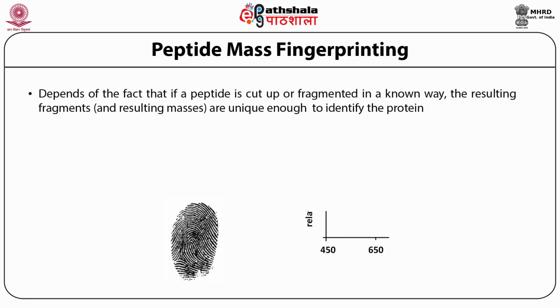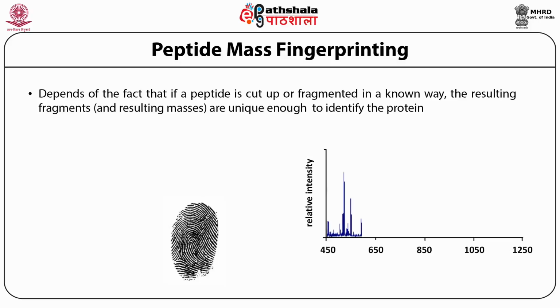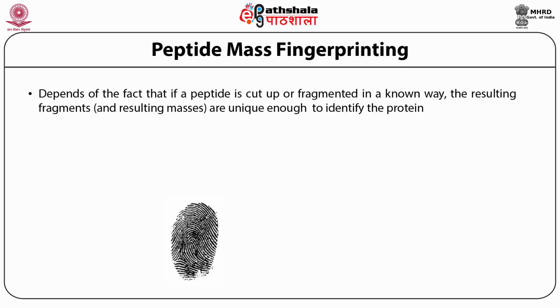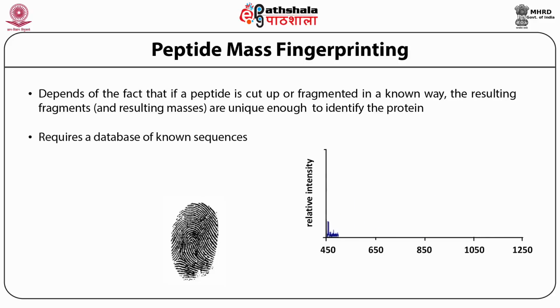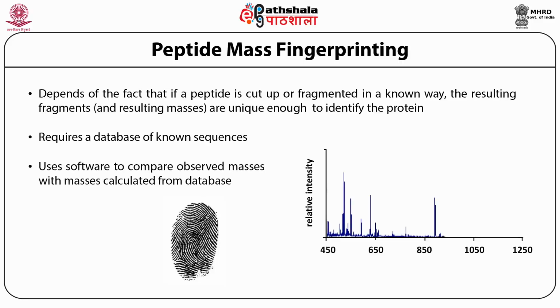It depends on the fact that if a protein or peptide is cut up or fragmented in a known way, the resulting fragment masses are unique enough to identify the protein. This technology requires a database of known sequences. It uses software to compare observed masses with the masses calculated from the database.